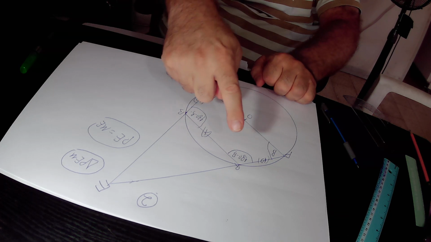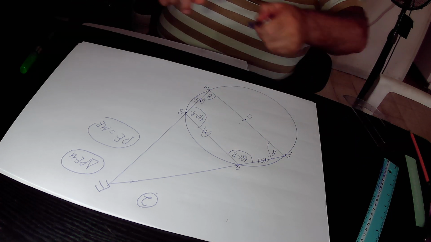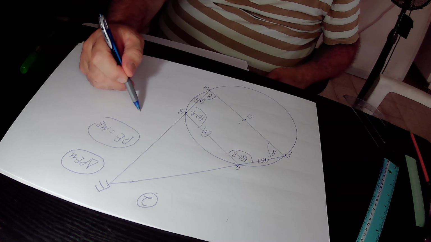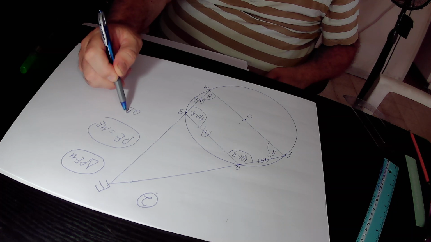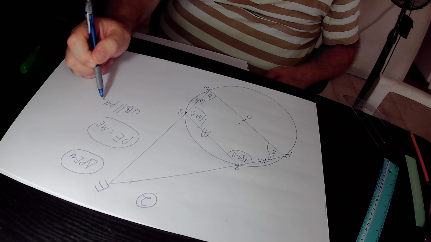That is to say, QB is parallel to PM. So I write it down: QB is parallel to PM according to rule 18.